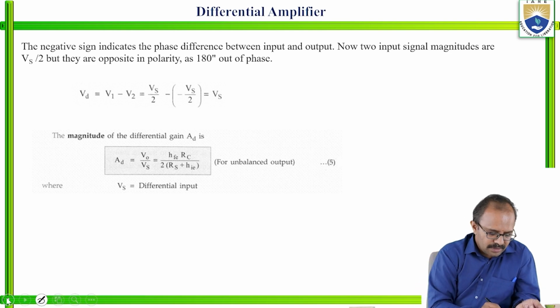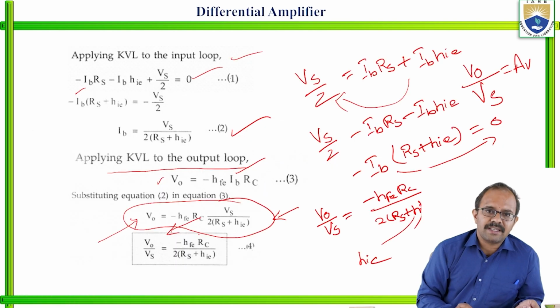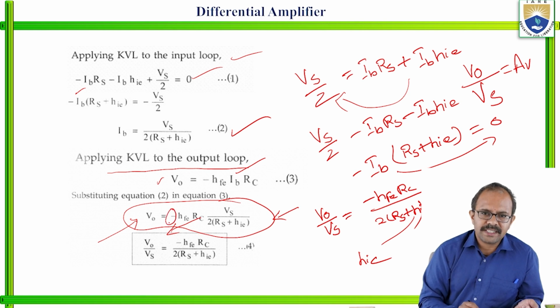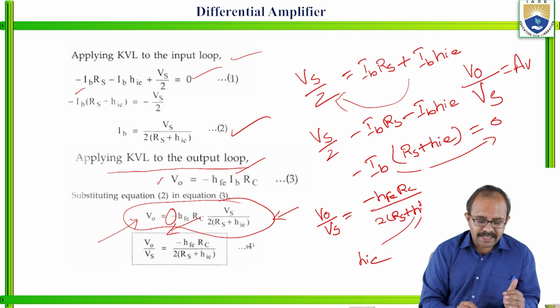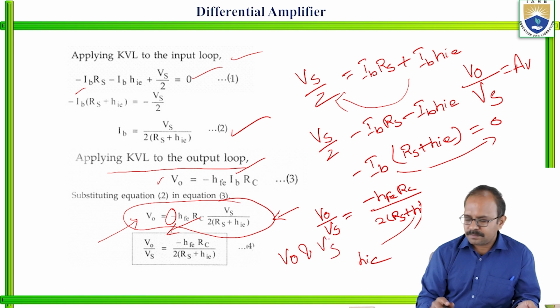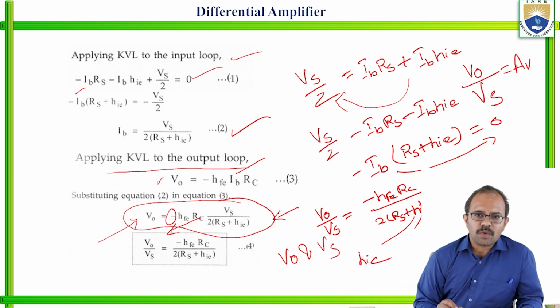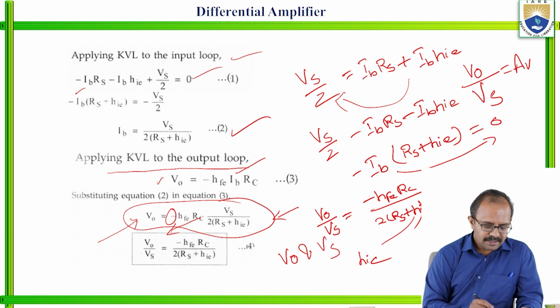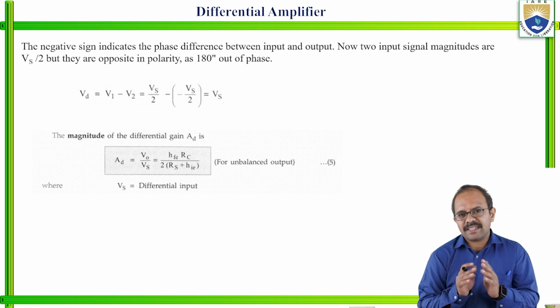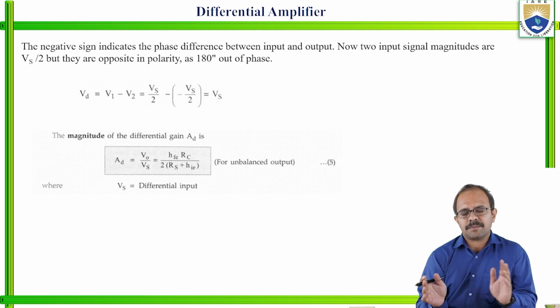If you consider V0 and Vs here, there is a minus. That means there is a 180-degree phase shift between the output voltage V0 and input voltage Vs. So that is to be noted. In any expression, if you find a negative relation between LHS and RHS parameters, this is what you need to consider.